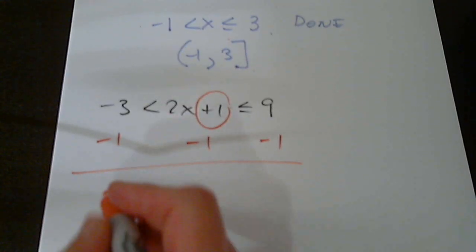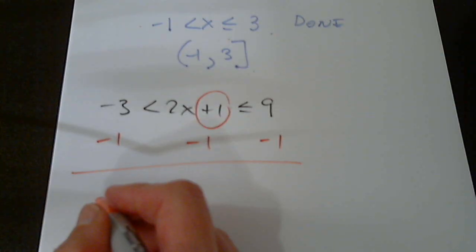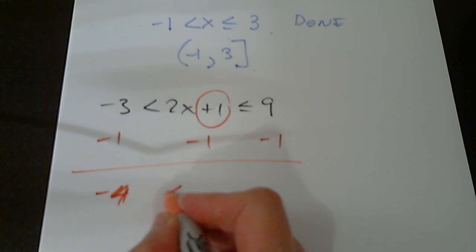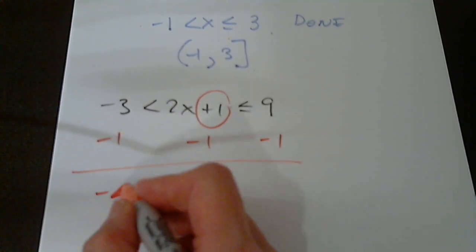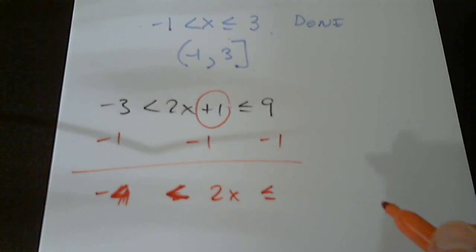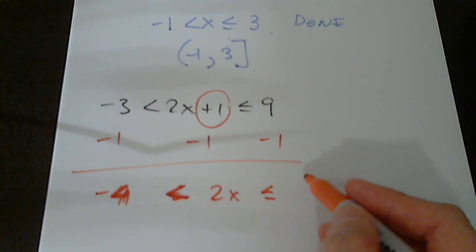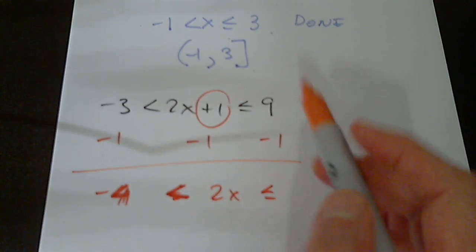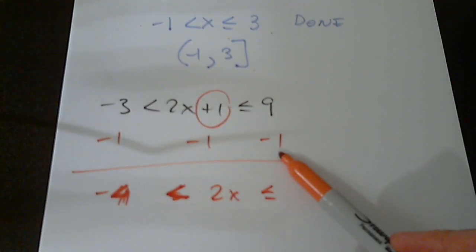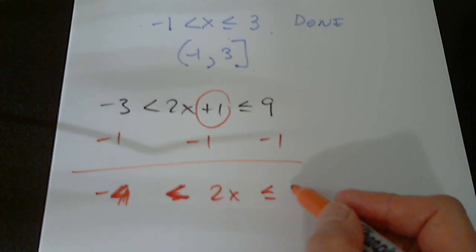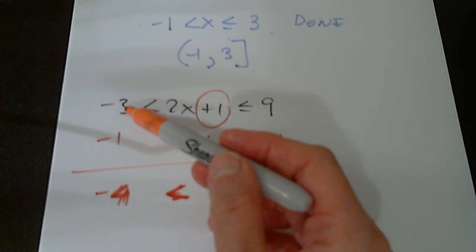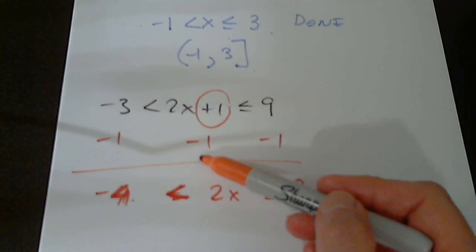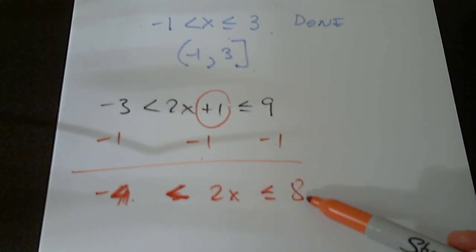What do we get? -4. Excellent. Less than, not less than or equal to. 2x less than or equal to 8. Exactly. We have to do the same thing to all 3 sides: this minus 1 is -4, 2x plus 1 minus 1 is 2x, and 9 minus 1 is 8.